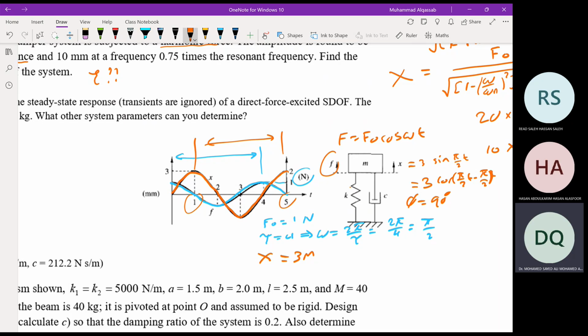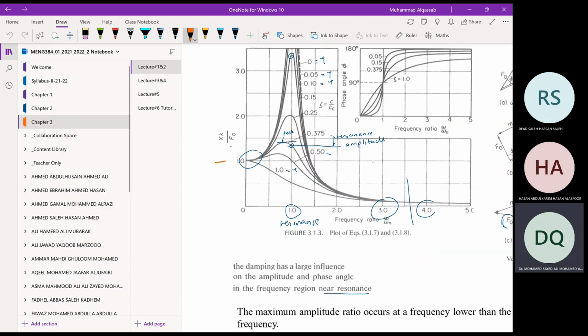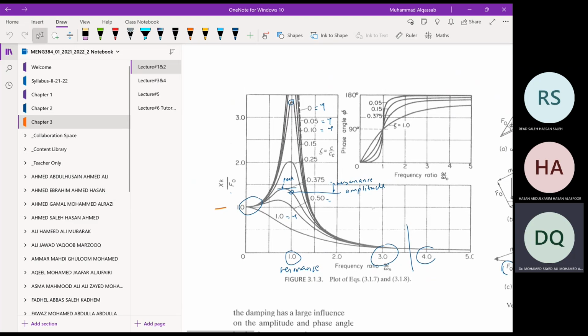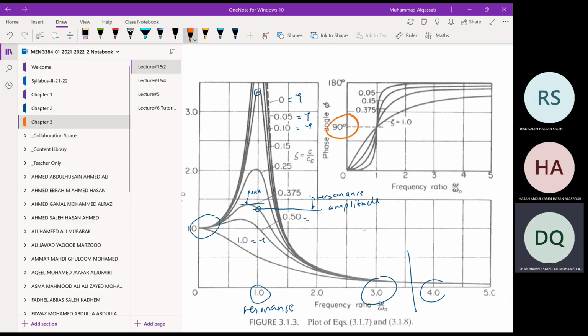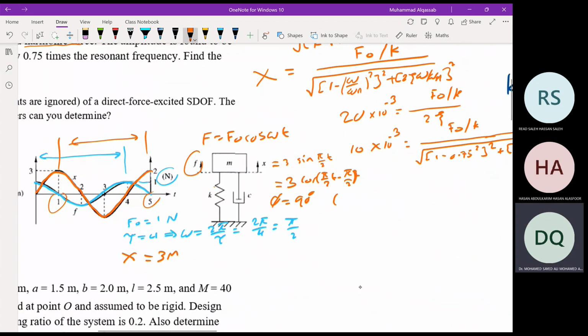And when is the phase equal to 90 degrees? When this is at resonance. If you check the graph of the force excitation, it's always 90 for any value of zeta at resonance. So we find that the phase is 90, which means this is the resonance case.